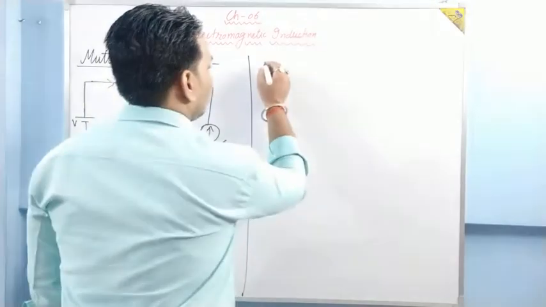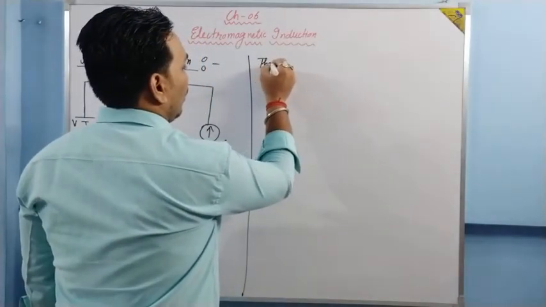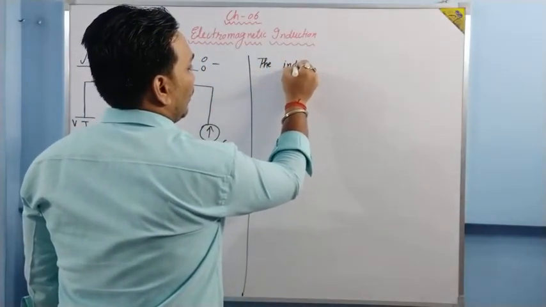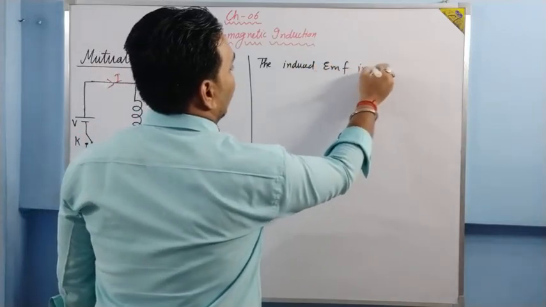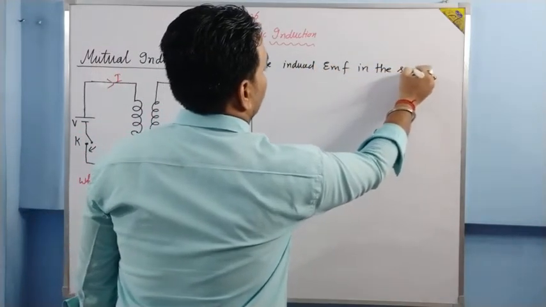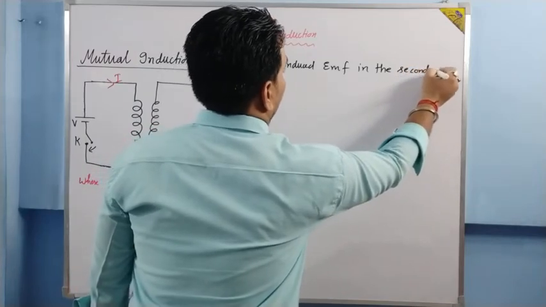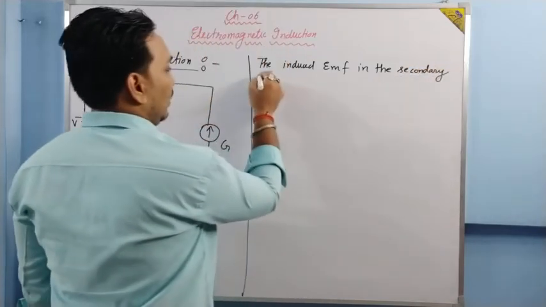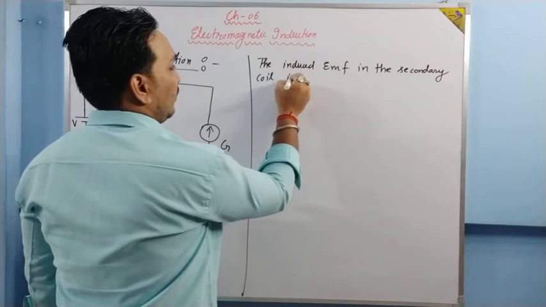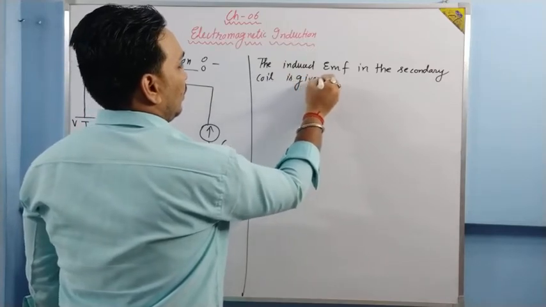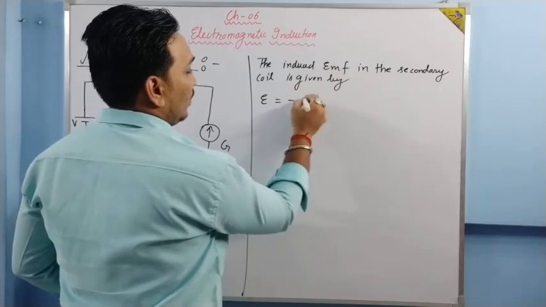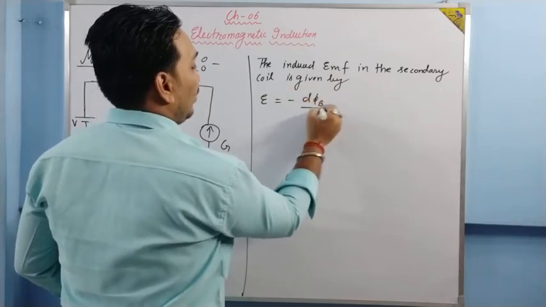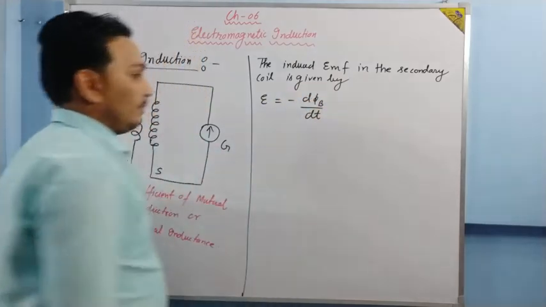Now, the induced EMF in the secondary coil is given by E is equal to minus d phi B by dt.